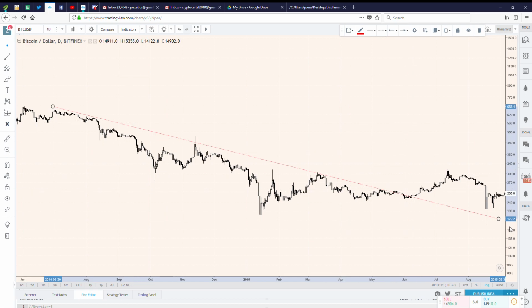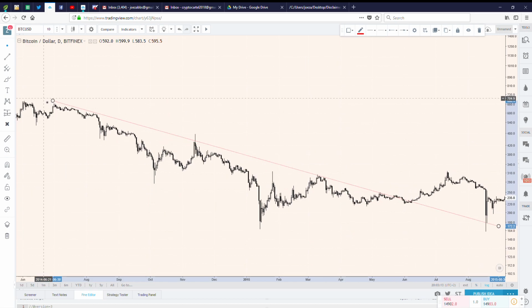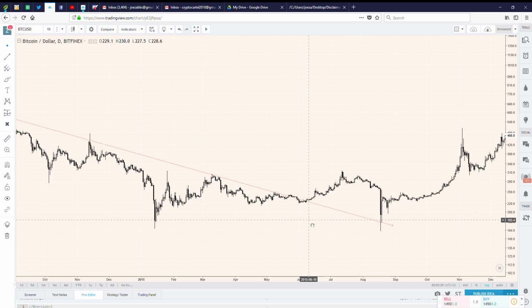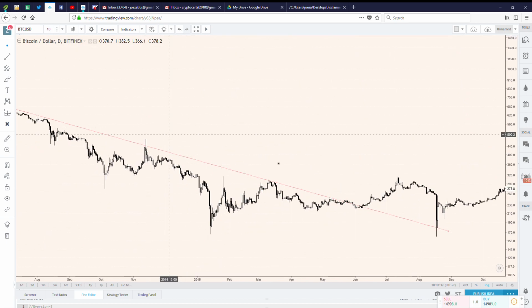So those are the only differences in the rules, guys. In a bear market, the trend line goes above the price, connecting all the lower highs, and in a bull market, underneath the price, connecting all the higher lows. Now the significant thing about trend lines is that the market generally reacts to them.